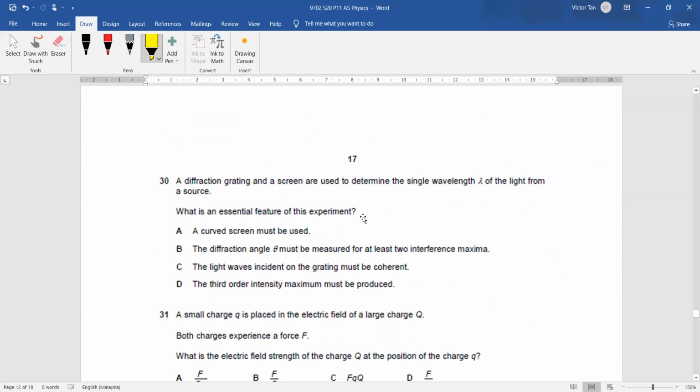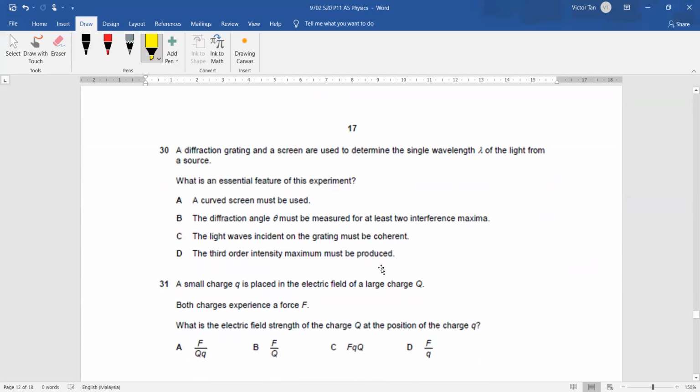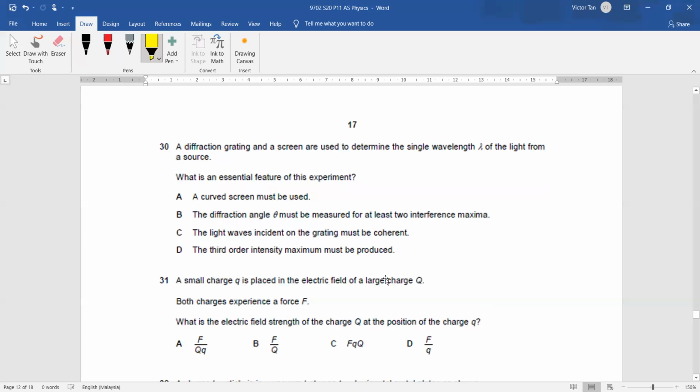A diffraction grating and a screen are used to determine the single wavelength lambda of light from a source. What is the essential feature of this experiment?